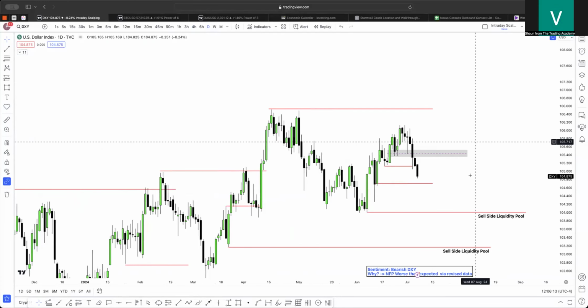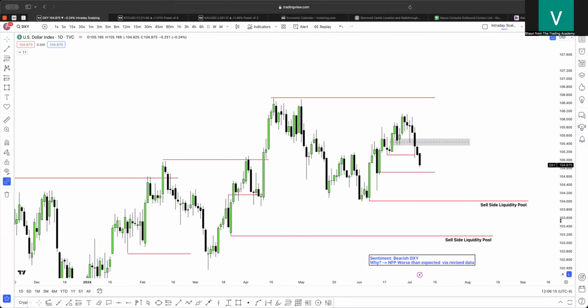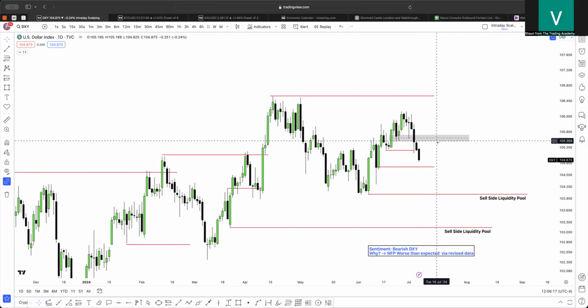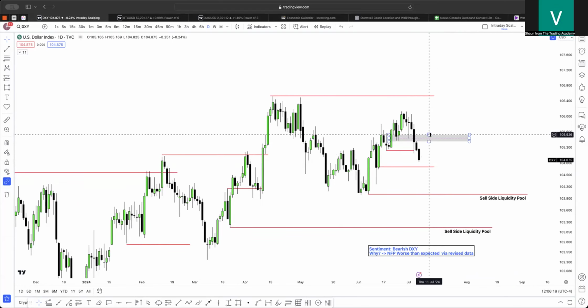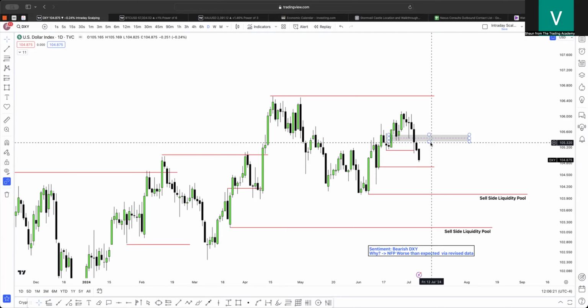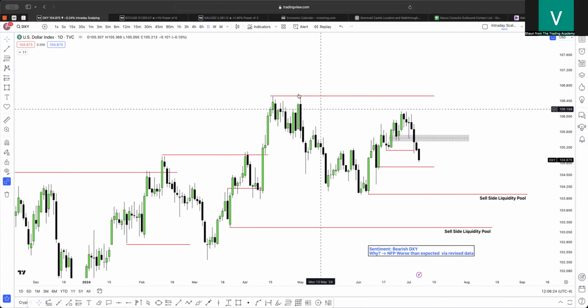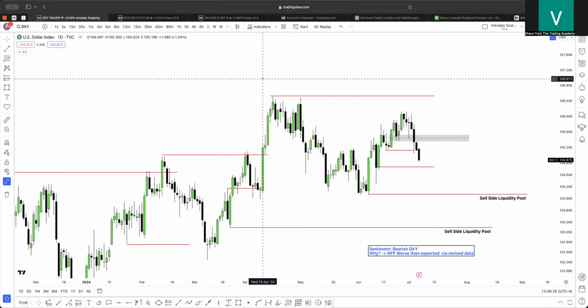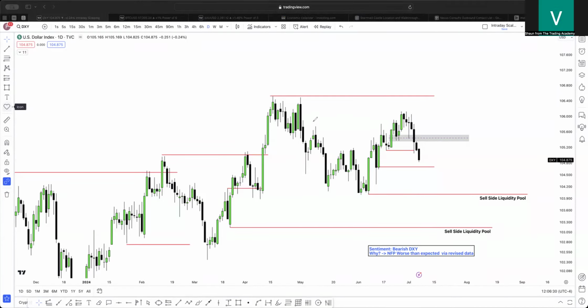So looking at this now on the daily, this is what we have. Sell side, and a little side story over here. Okay, that's a little bit of a side story. Now, this buy side liquidity pool on top over here, we can argue and say, okay, we should have technically smashed this high because we're equal high, right? Okay, that is true. But where's the liquidity that's taken?